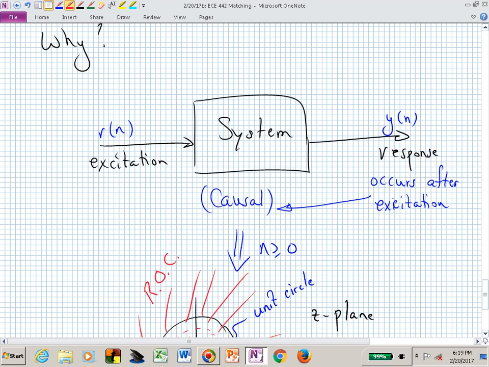It's only when we start to look at this broad picture of z transforms and waveforms where we start talking about negative n's, positive n's, etc., that it gets a little bit more interesting as far as bounded and unbounded waveforms.